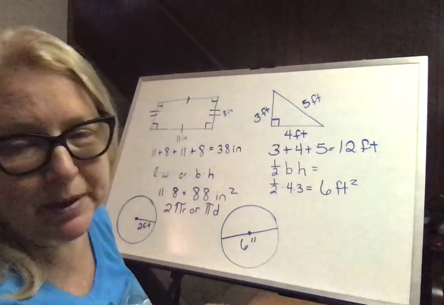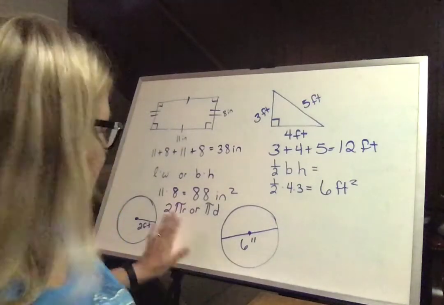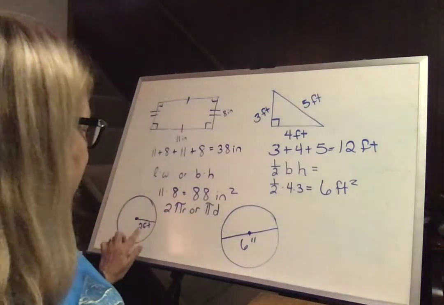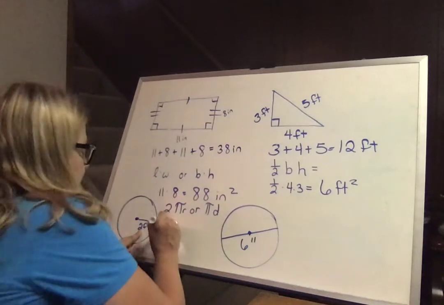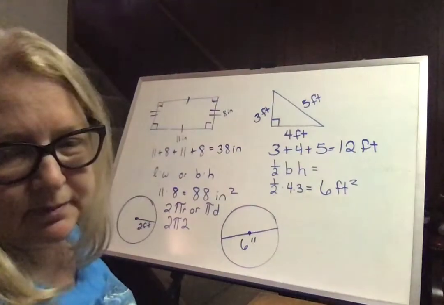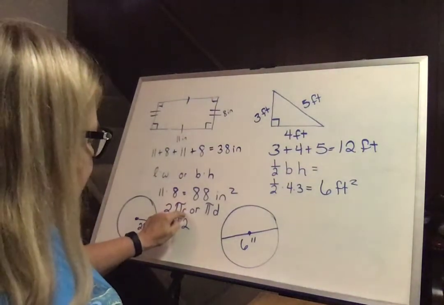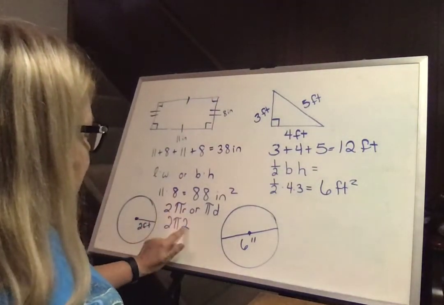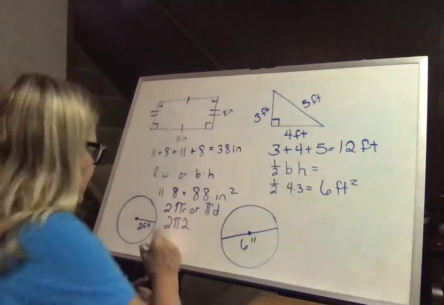And I've had people practice that in the past. But 2 pi r, or pi times d. So this has an r, 2 times pi times 2. Right? Filling in the radius with 2. 2 times 2 is 4.